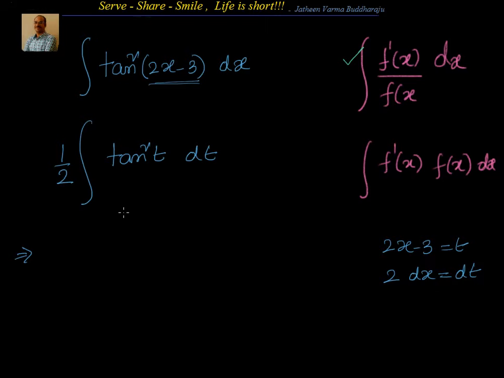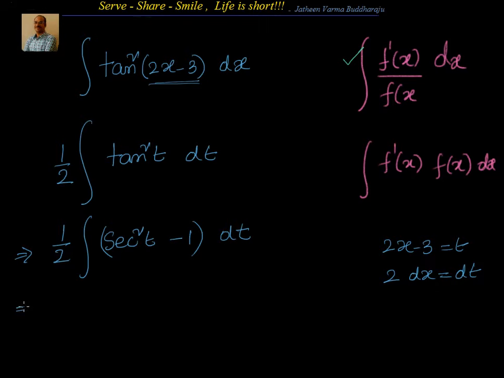But we don't know the integral of tan square t, but we know the integral of secant square t. So we will convert this as half of secant square t minus 1, dt.